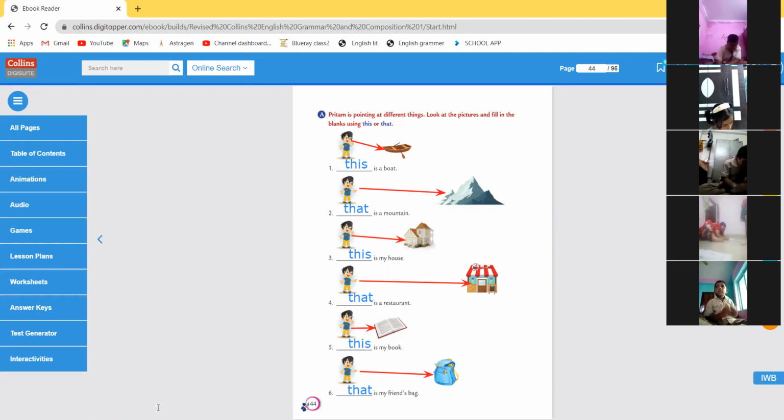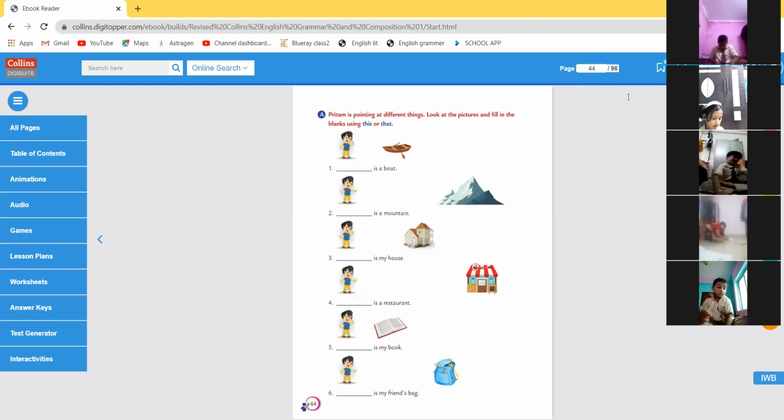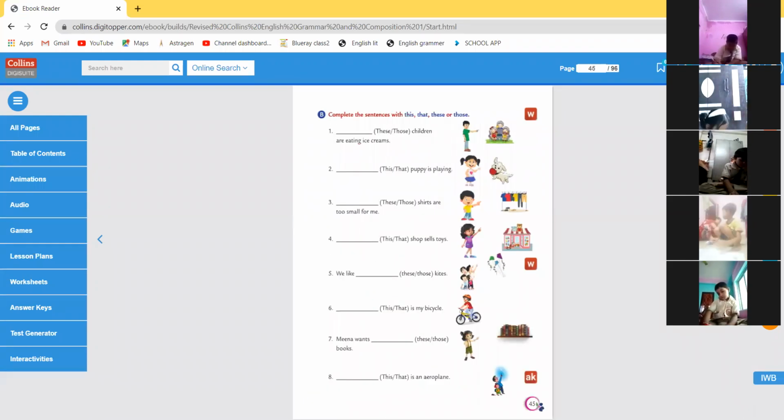I hope it is completed by all. Okay, so now I'm going to the next page. Okay, it is also very easy.